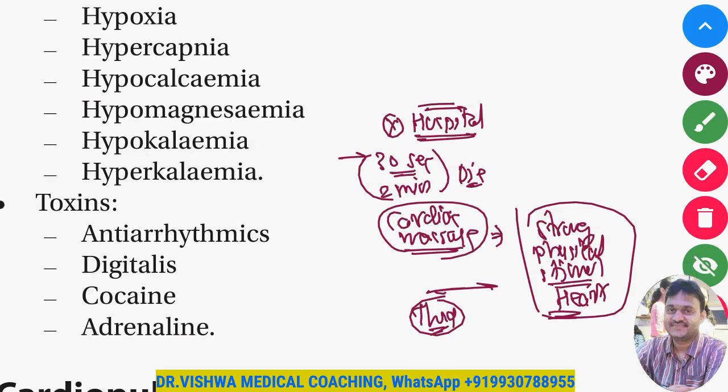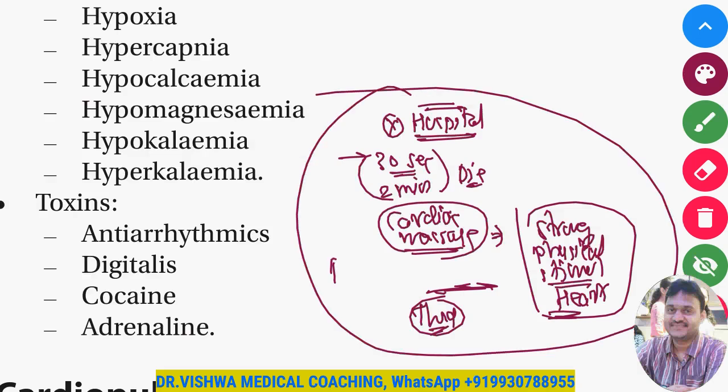This can work like the electrical stimulus or just like cardioversion. Cardioversion is an electric shock we give. But if the patient is not in the hospital, a physical stimulus or physical shock can be given. That can make the cardiac impulse normal and immediately the patient will survive.